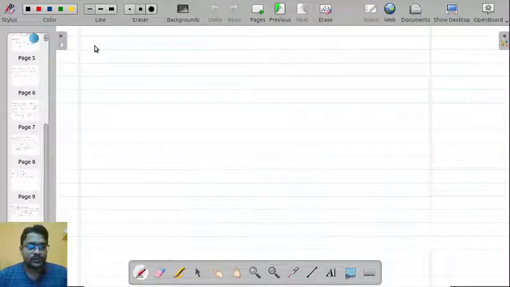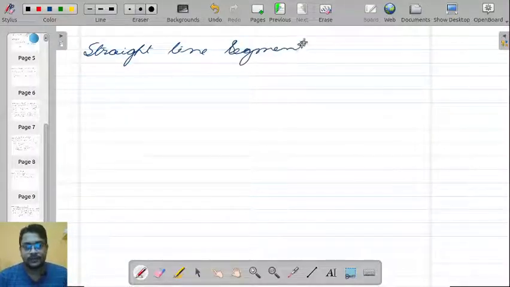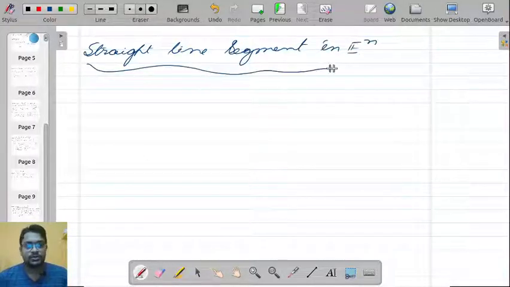Similarly, how do we denote a straight line segment in E to the power n?